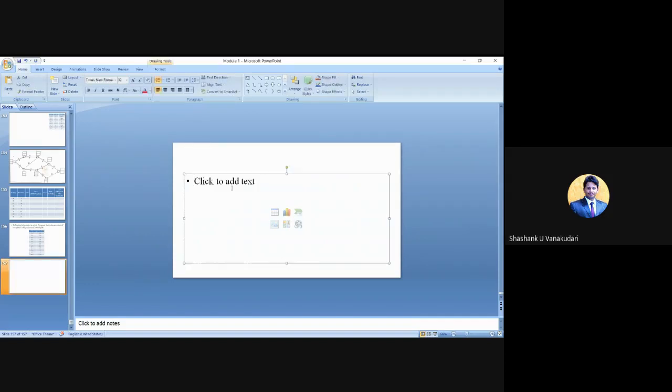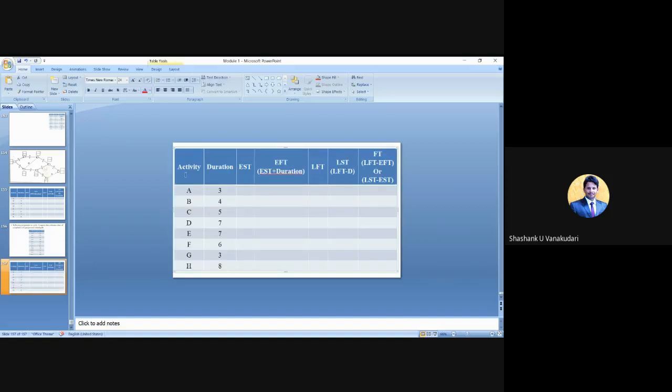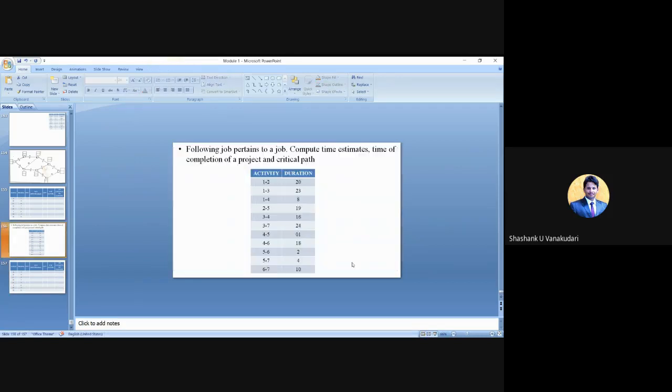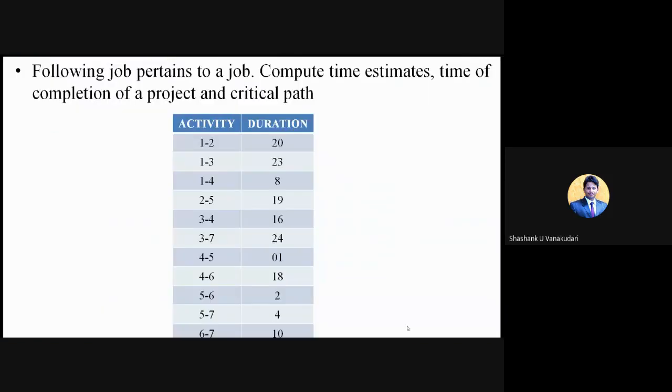For everyone, that slide is visible, right? No, sir, the question slide is not visible. Okay, so you can copy this and you can start doing that.